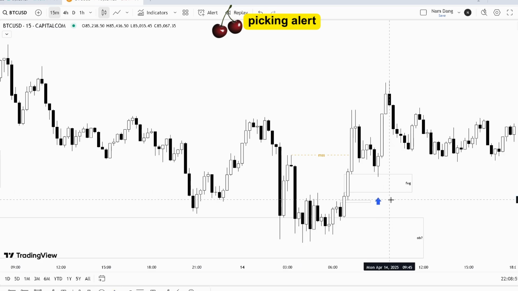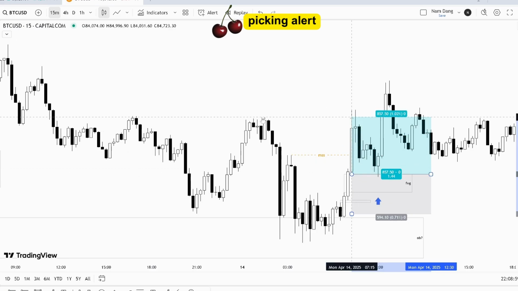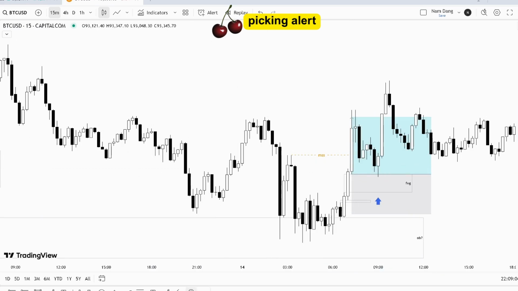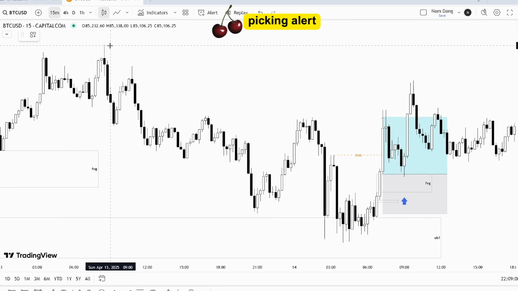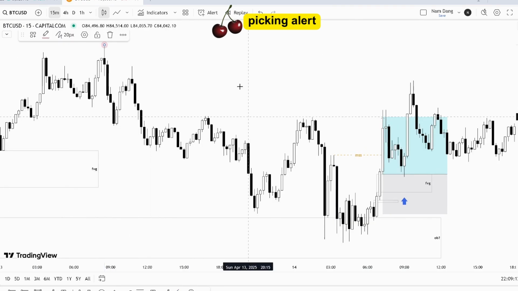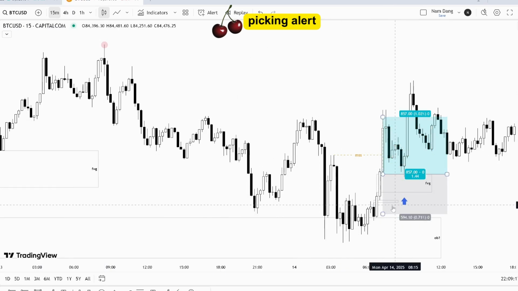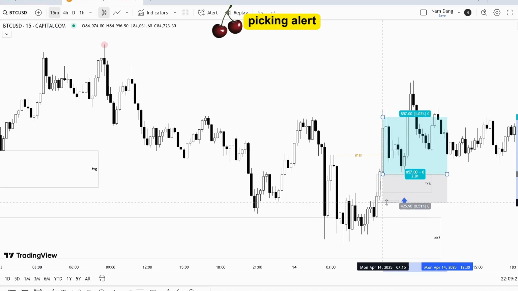We could use the newer fair value gap as an entry model by placing a buy limit order at the top of the fair value gap. As for the take profit target, of course we can aim for the old high up there, but I prefer the low-hanging fruit, the closer high here, so we will adjust the stop loss for a risk to reward of 1 to 2.